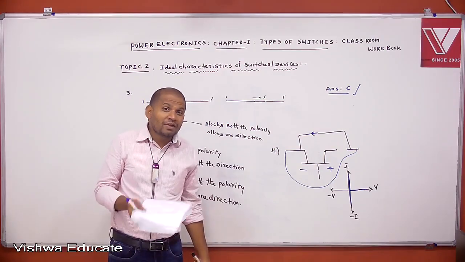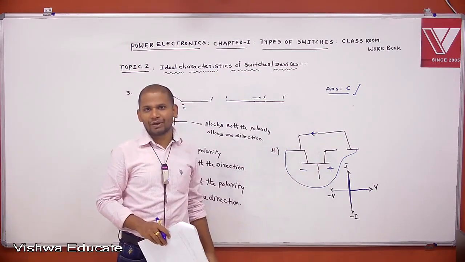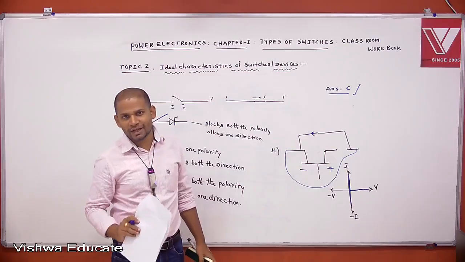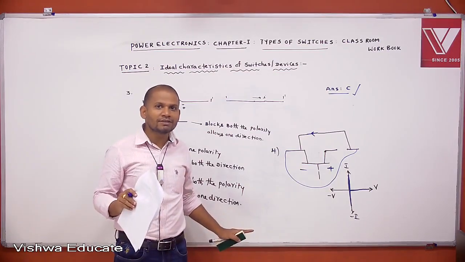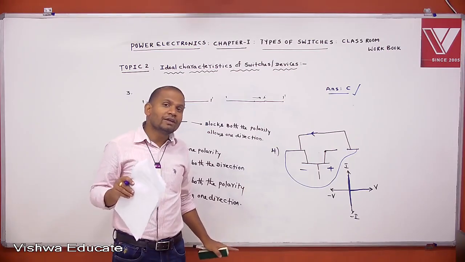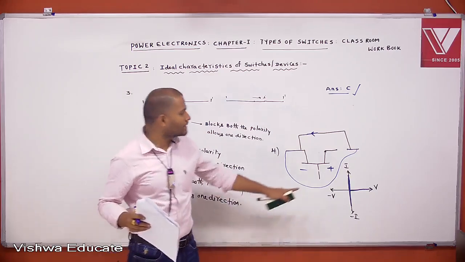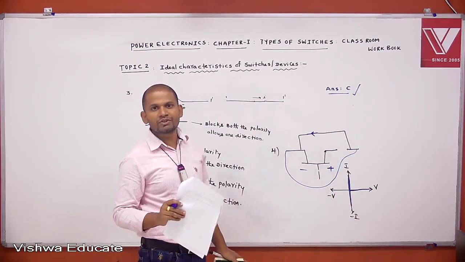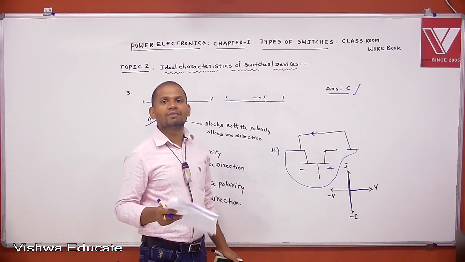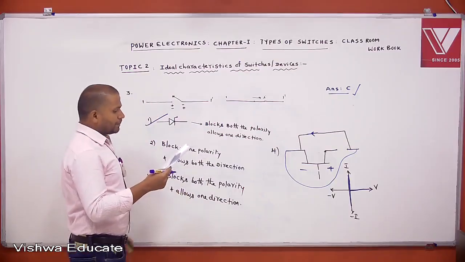A series diode and anti-parallel diode together allow only the reverse direction. Actually it is the first quadrant transistor. Even though it consists of both the diodes, it allows only extra in the reverse direction. Extra characteristics we are getting this one. Understood? This is the third one.